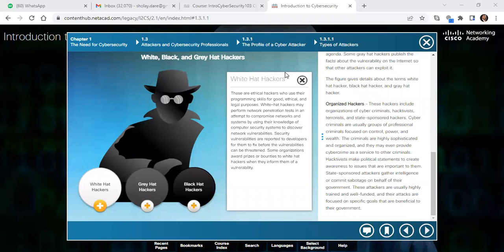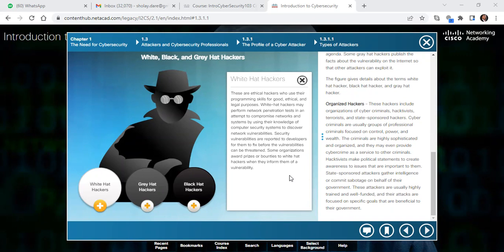So the white attackers are ethical hackers who actually use their programming skills for good, ethical, and legal purposes. While white hackers may perform network penetration tests in an attempt to compromise networks and systems by using their knowledge of computer security systems to discover network vulnerabilities, security vulnerabilities are reported to developers for them to fix before the vulnerabilities can be threatened.